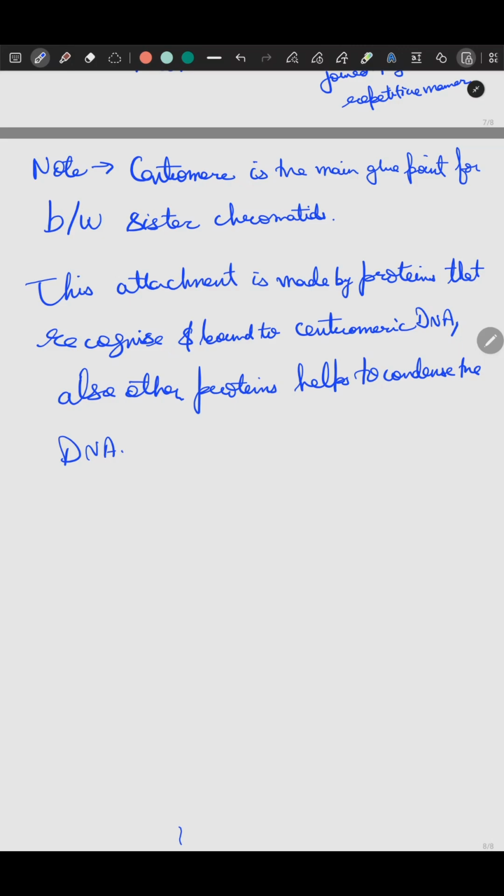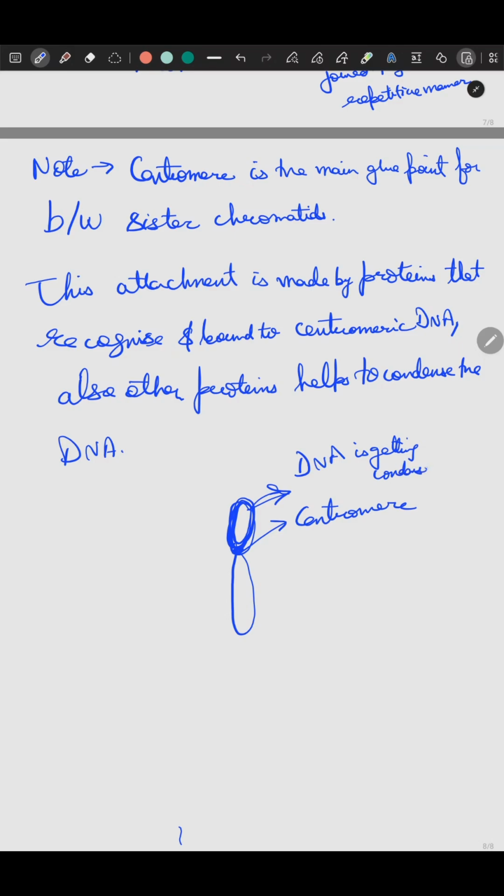So due to this, what happens next? For example, this is one chromosome, and this is the centromere. At this part, the DNA is getting condensed. This part is getting thinner and narrow.